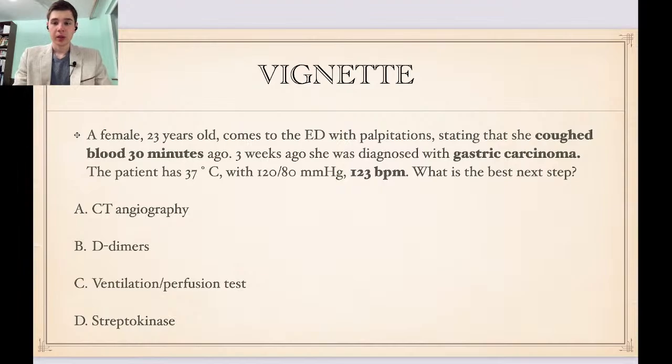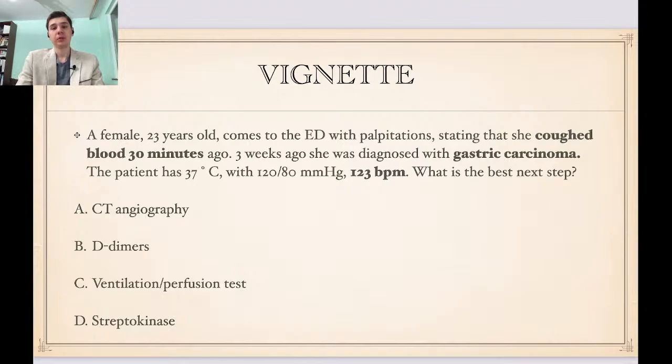Okay. The key info is that she coughed blood, that she was diagnosed with gastric carcinoma, and she's tachycardic. Per Wells criteria, this means she has 3.5 points.